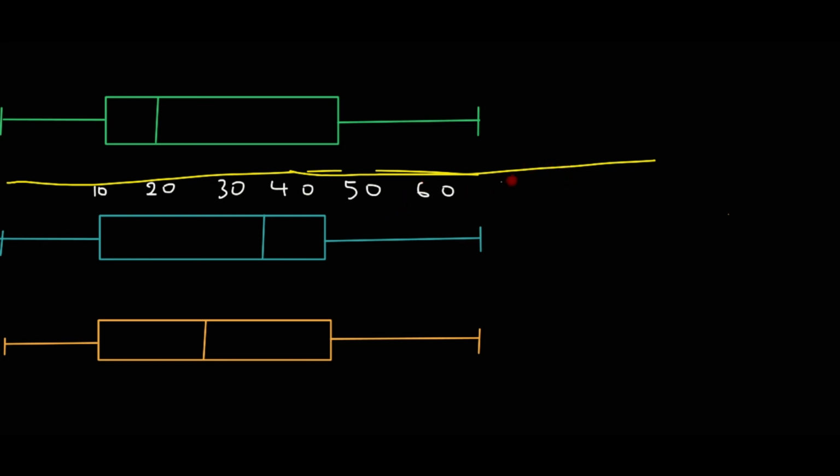I used a scale of 10. So, and then let's say my minimum was 5. Put my minimum over here, and then let's say my Q1 is 10. This is Q1, and then my Q2 obviously is 20, and then my Q3 let's say is 45, and then this is the maximum.